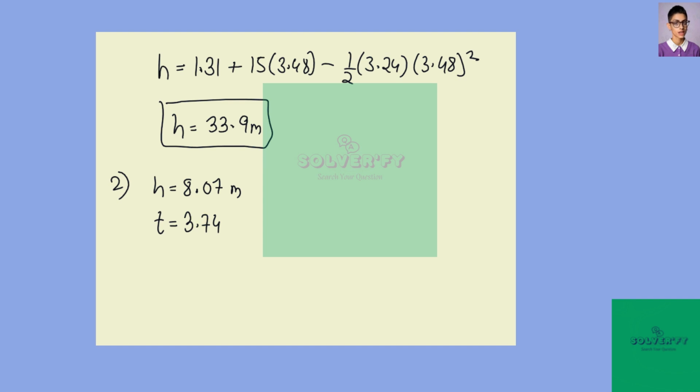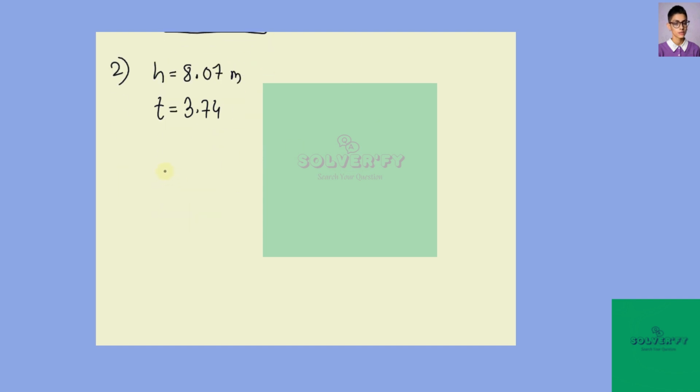For the maximum height we will use the equation s is equal to ut plus 1/2 a t squared. From here we will calculate u.